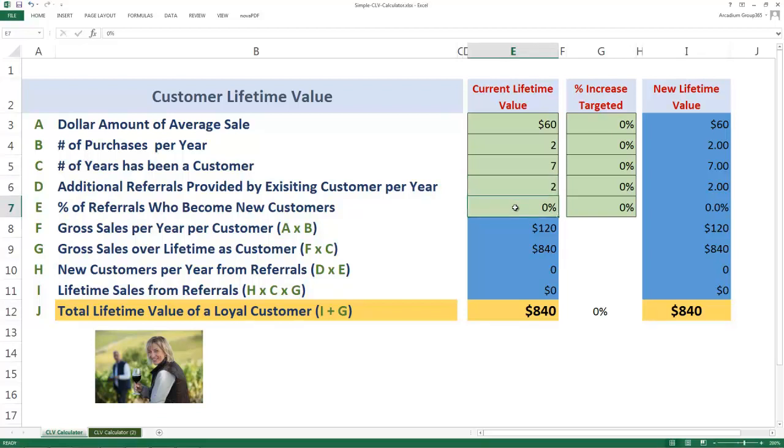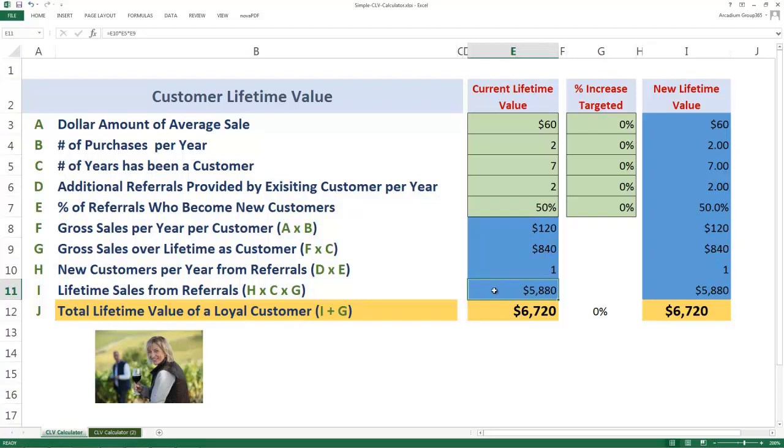And out of those 2 people, this becomes important to line E, only some percentage are actually going to visit the winery and become regular customers like the initial customer. So let's say that out of those 2, one of them, we'll put in 50% of those referrals become customers. Now, if you look at the numbers down here at line I, the lifetime sales from the referrals is over $5,880, right?